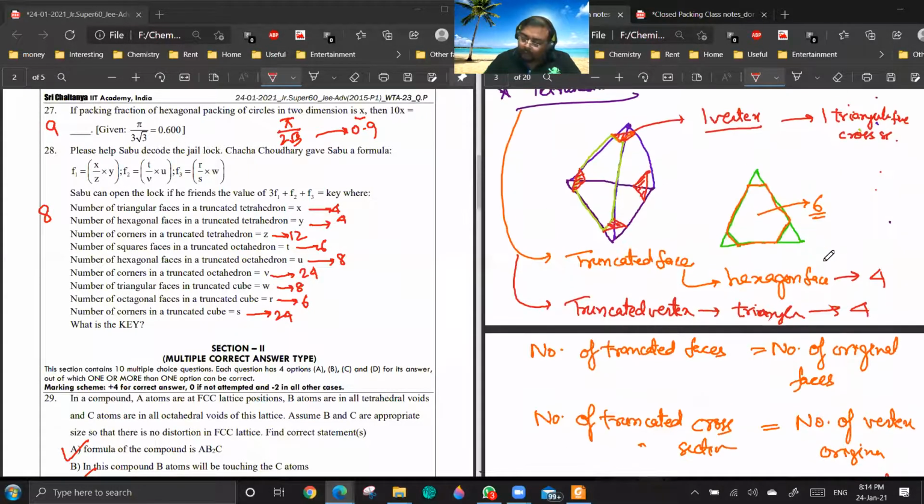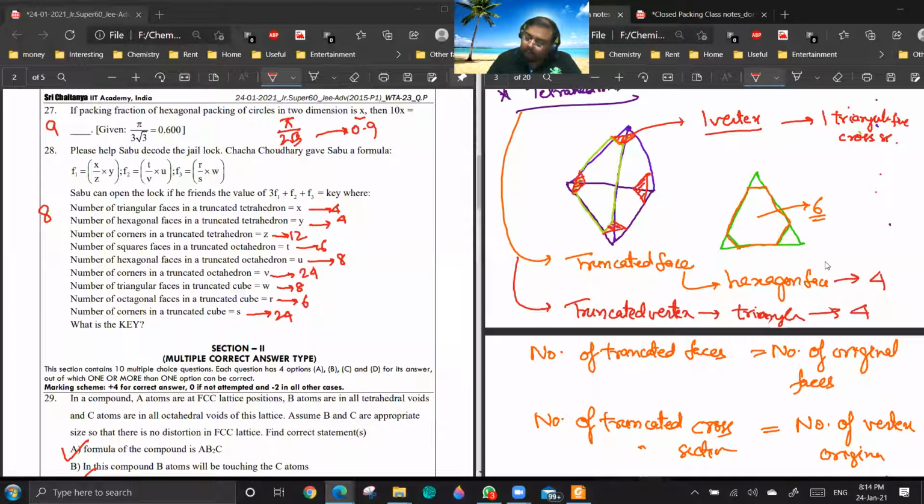So for a tetrahedron, what is the number of truncated corners? It will be 4 into 3, 12.